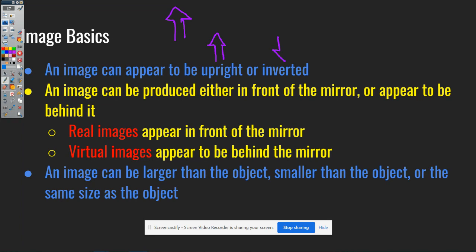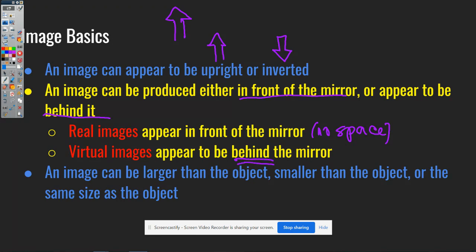Inverted, the image would actually be upside down. It can be in front of the mirror or behind the mirror. Real images appear to be in front of the mirror, which means that there's no space between the object and the mirror in the image. Virtual images appear to be behind the mirror.